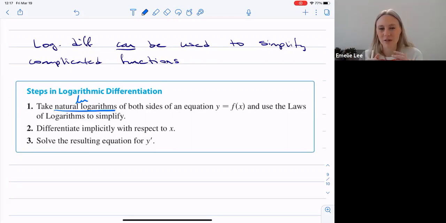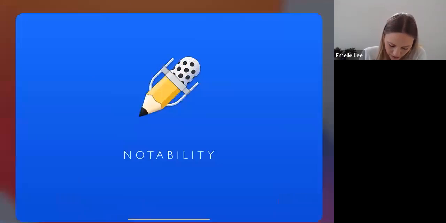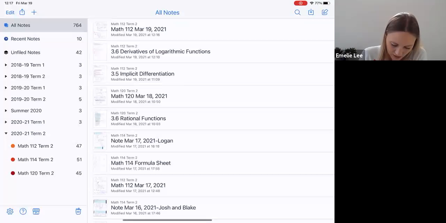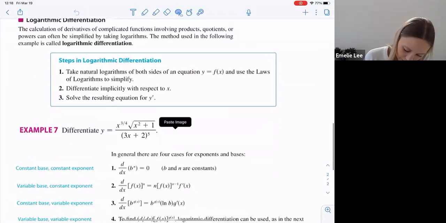And then you can solve it for y prime. What does that look like? Here we go. Hey, it glitched out. It needed a break. How about that? Okay.